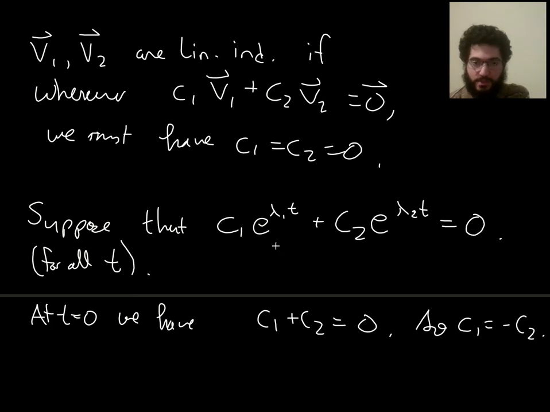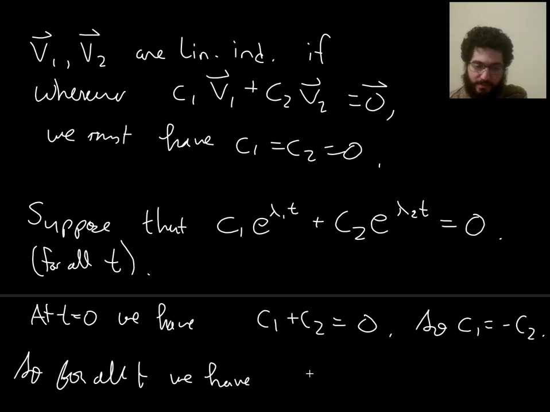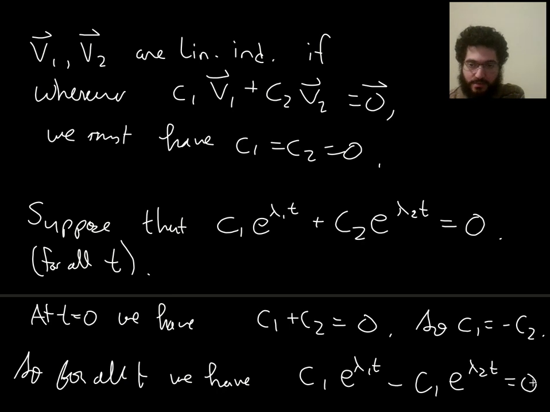They must have opposite sign: c1 must be negative c2. So then for all t, we have c1 e^(lambda 1 t) minus c1 e^(lambda 2 t) equals 0, replacing c2 by negative c1.